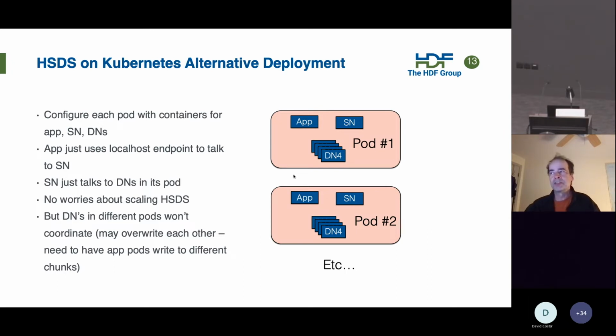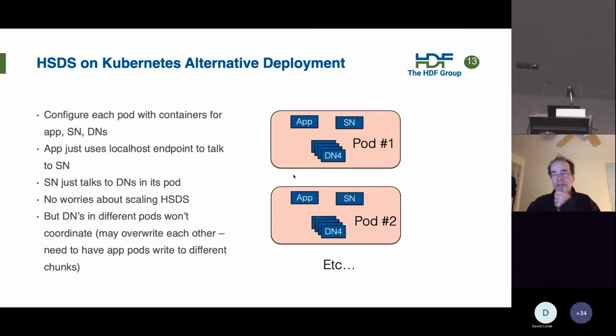And the nice thing about this approach is that when you scale up your application, by running my application from one pod, now I want to run on 10 pods, the HSDS components naturally scale up with that. So if I have 10 application pods, I'll have 10 SN containers in those pods, and I'll have 40, say, DN containers.